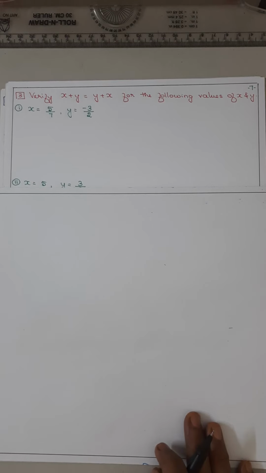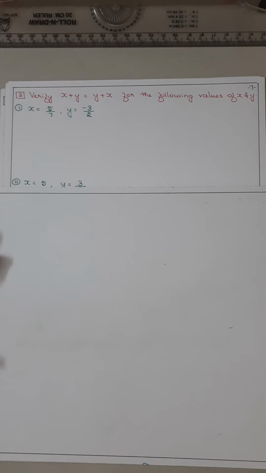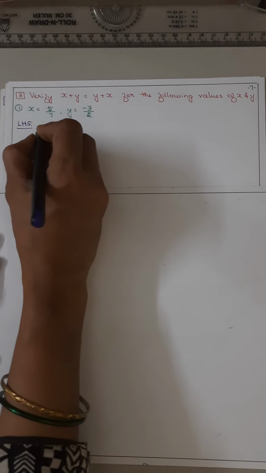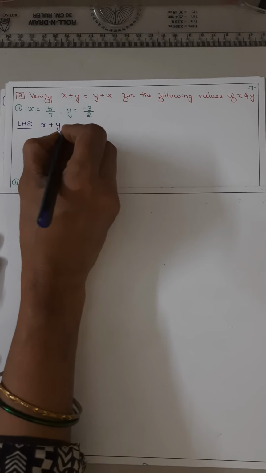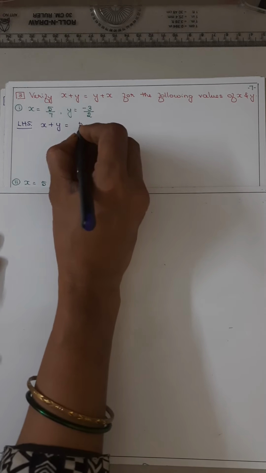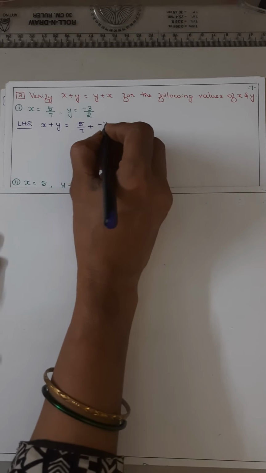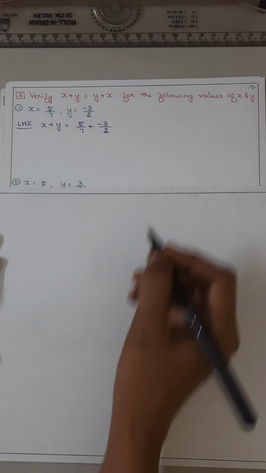So it is x plus y is equal to y plus x, and the values are given. So first we'll write LHS, x plus y. This x is 5 by 7, y is minus 3 by 2.